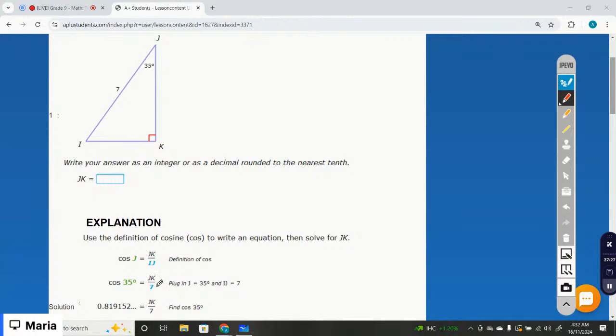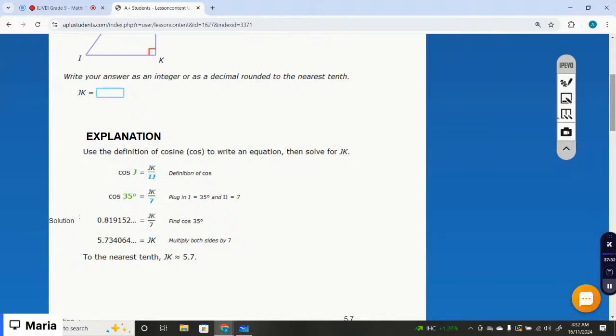JK divided by 7. You have to evaluate JK equals 7 times 0.819. That is 5.7. The correct option is 5.7.